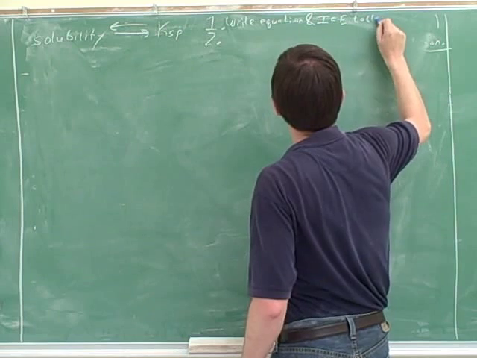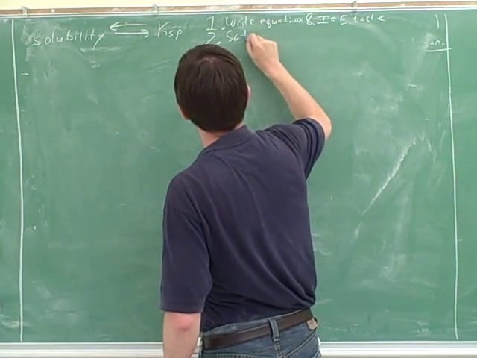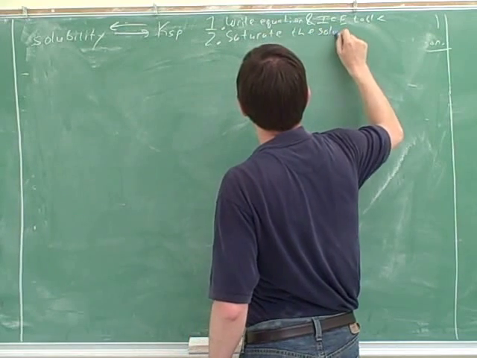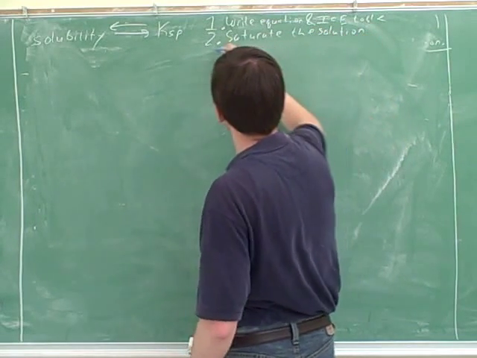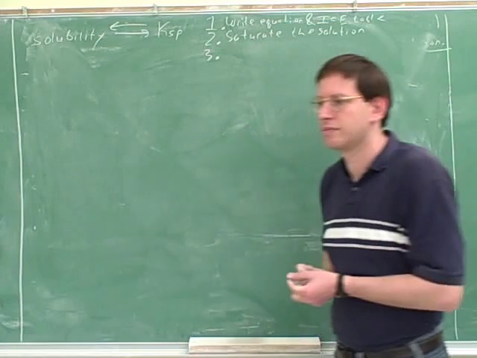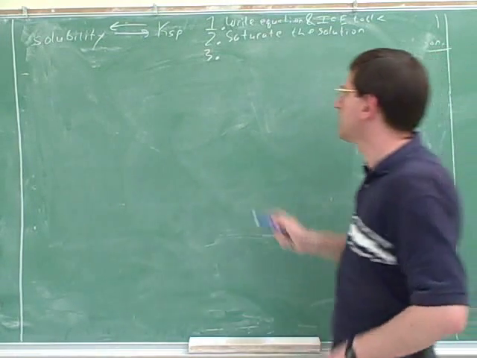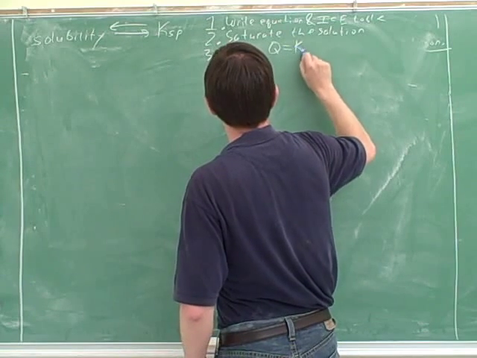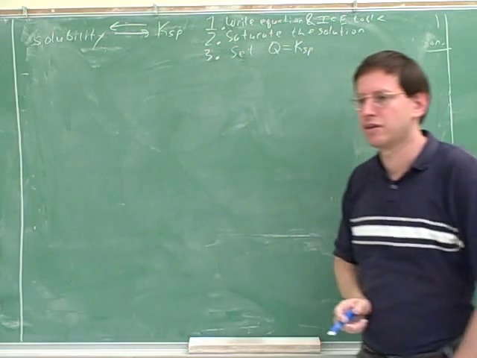And once you've got your ice table, step two is to saturate the solution. Then step three is to set the Q equal to the KSP.